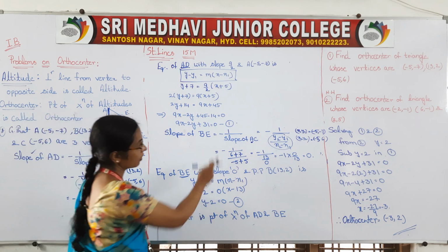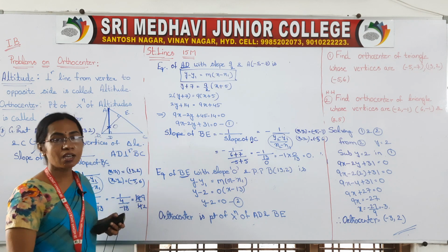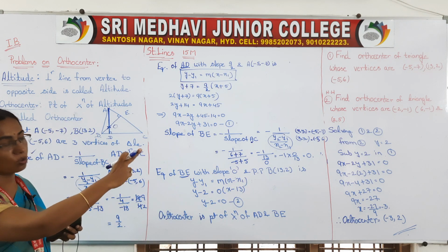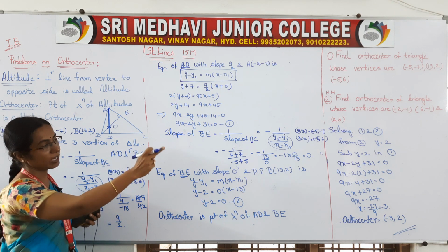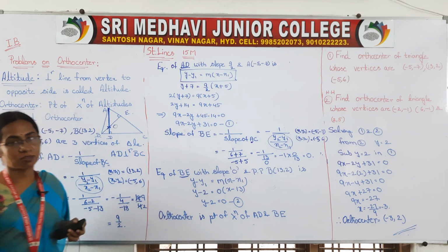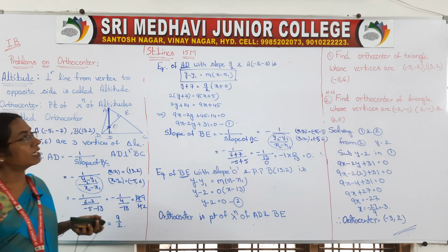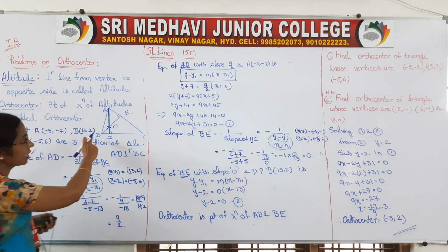So now we are solving 1 and 2. From 2 directly we are getting our y value. So from 2, y is equal to 2. Substitute y equal to 2 in the first equation, and you get your x value. That is the point of intersection of AD and BE.